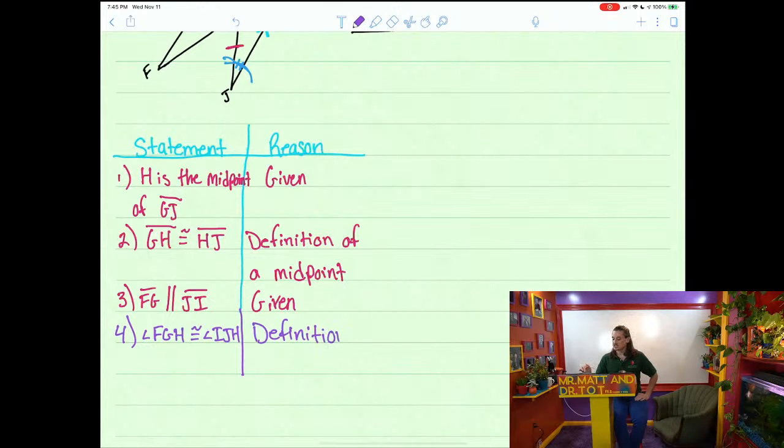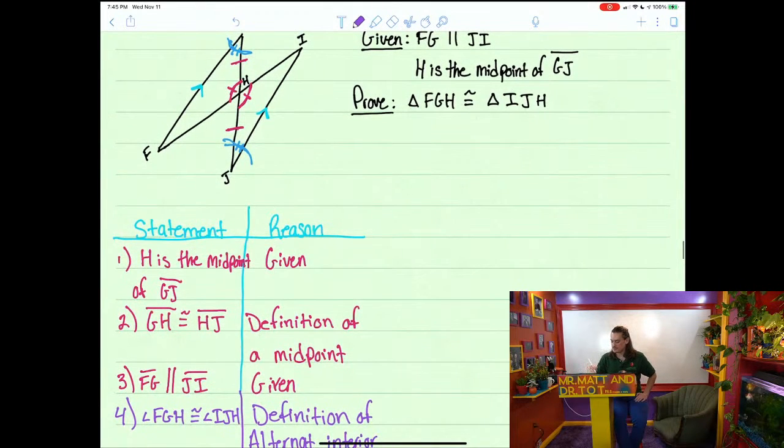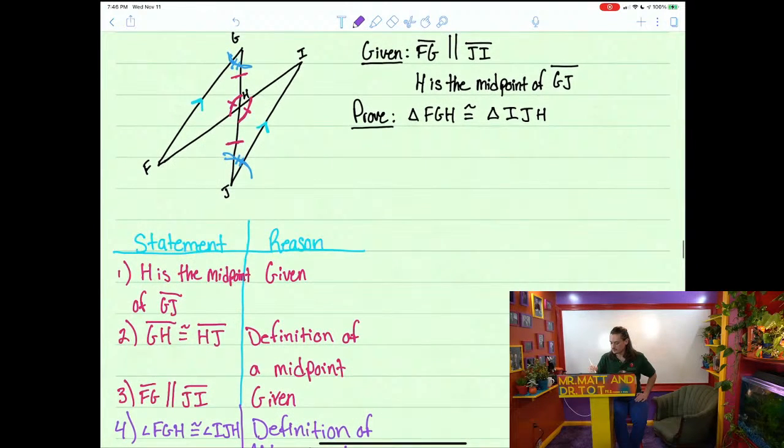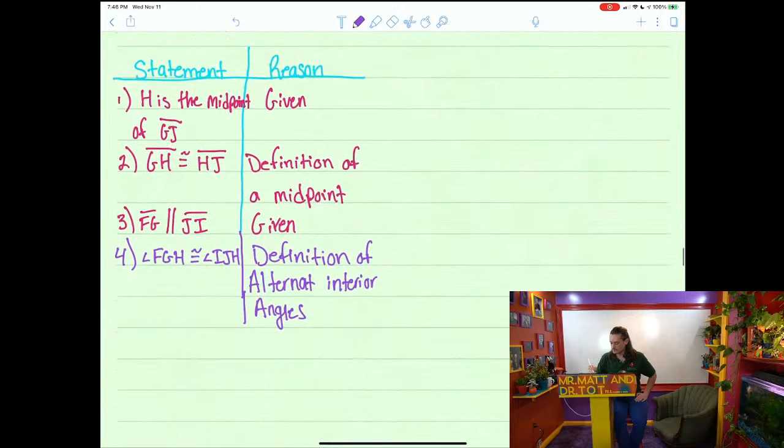And then lastly, I just need to prove those central angle measures. So I have angle GHF is congruent to JHI because of the definition of vertical angles.